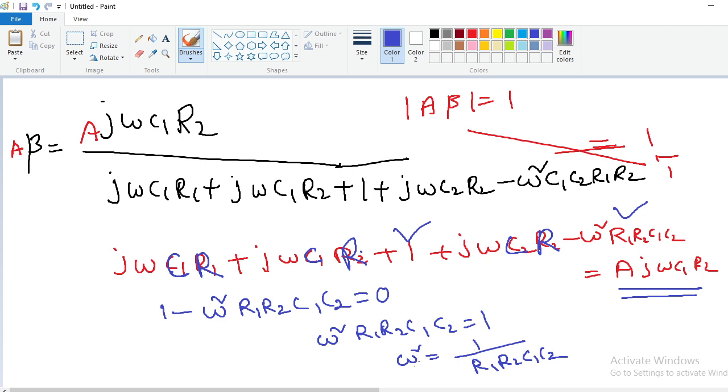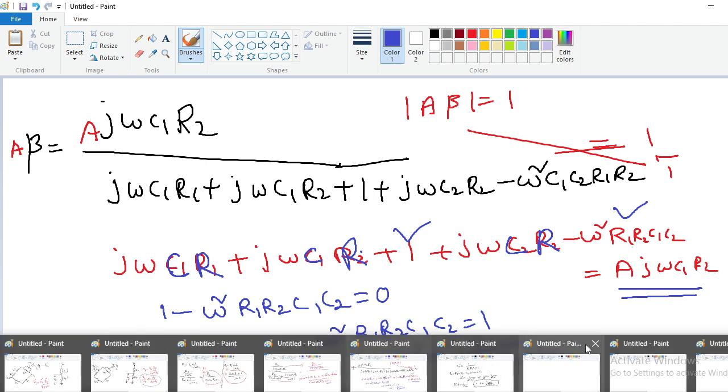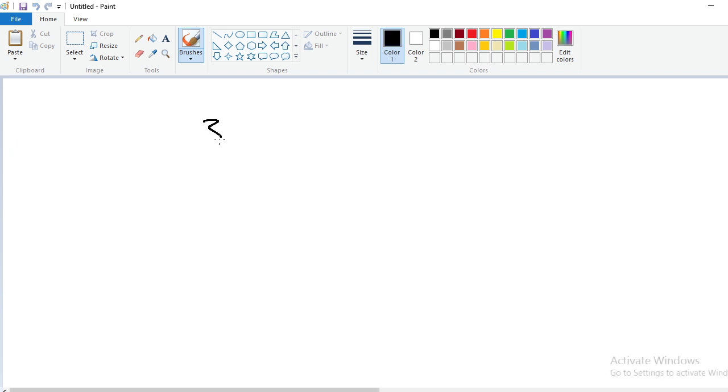So 3j omega CR is equal to A j omega CR.